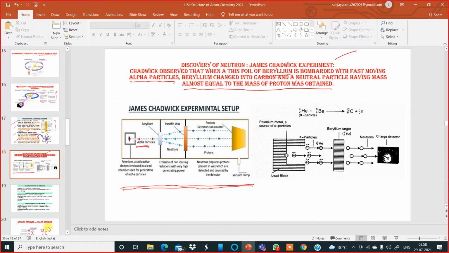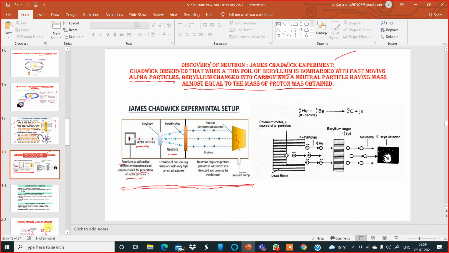Alpha particles are emitted and allowed to hit a beryllium foil or beryllium metal, and whatever comes out is allowed to pass through paraffin wax, to slow down neutrons, and then it is observed on a screen. A proton detector counts how many protons are coming. You can see polonium, a radioactive element enclosed in a lead chamber, used for generation of alpha particles.